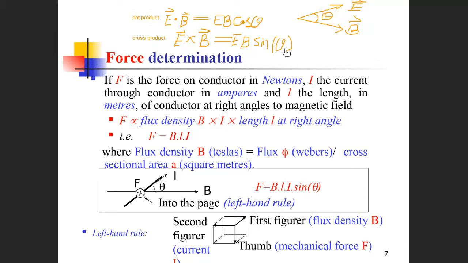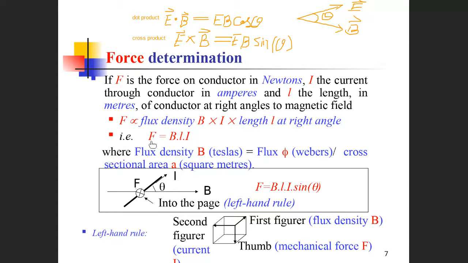That is the cross product. That means if E and B cross each other at right angles, the force is maximum. This is an example: E and B are two vectors. Now looking at here, the force is proportional to the flux density B times the current I. The current is usually on the conductor.